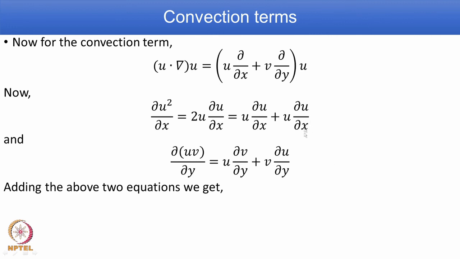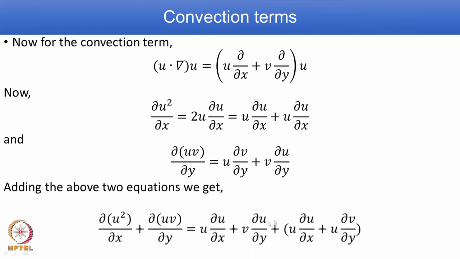If you put these two together, then we get dou by dou x of u squared plus dou by dou y of u v equal to u into dou u by dou x plus v into dou u by dou y plus u into dou u by dou x plus u into dou v by dou y. So, we have one u into dou u by dou x and one v into dou u by dou y grouped separately as shown here.